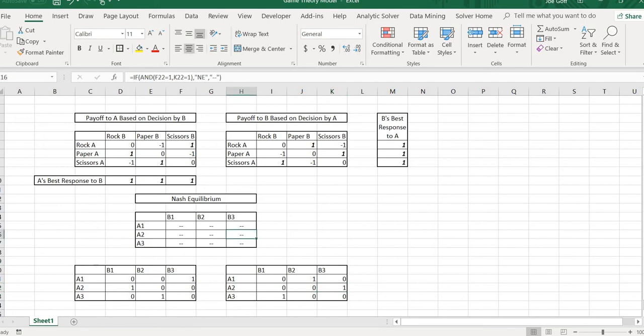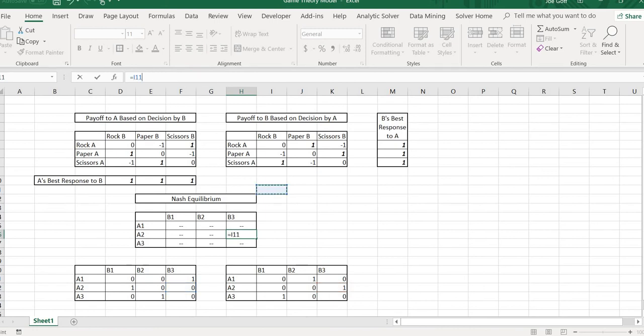If you look at this formula up at the top here, it says IF F22 equals 1 and K22 equals 1. So what I'm saying is, if both of these are maximized, what that's telling me is I can get the maximum return from what I want, or my maximum payoff, no matter what.